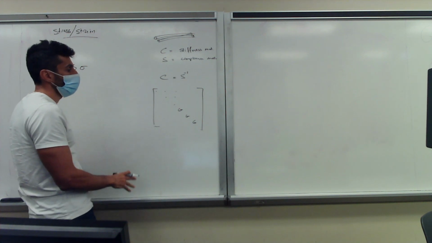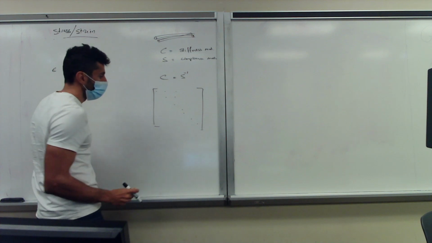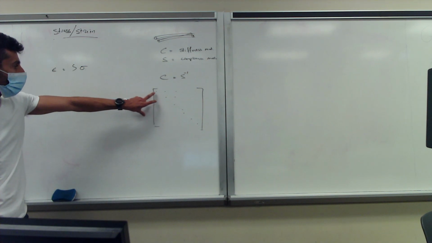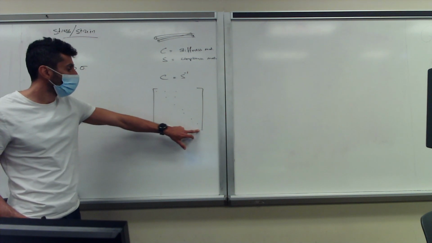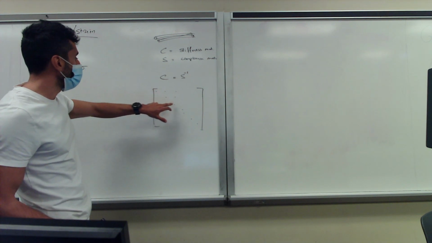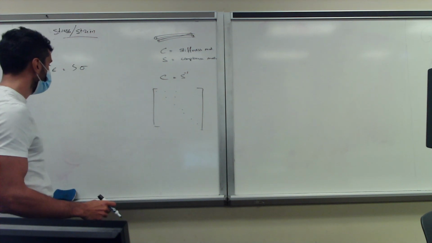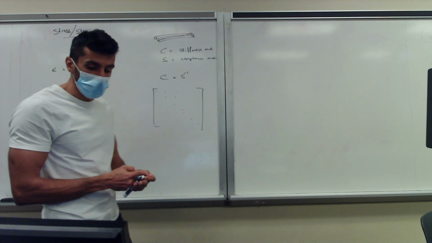Probably you have 9. That's the most complex, often used. So your diagonal will be EX, EY, EZ, the shear moduli XY, XZ, and so on. And then you have some transverse components. Often the matrix is symmetric, so that simplifies it a bit.